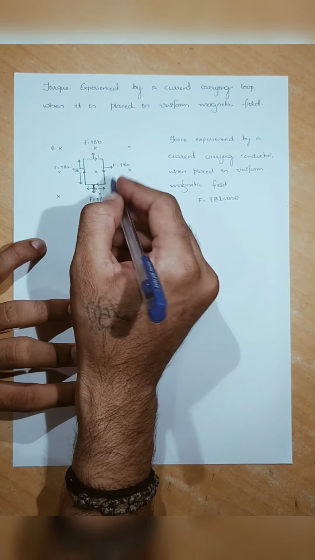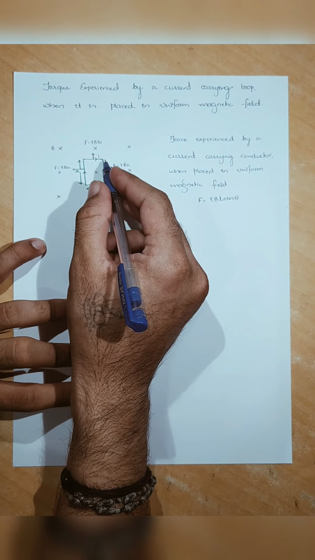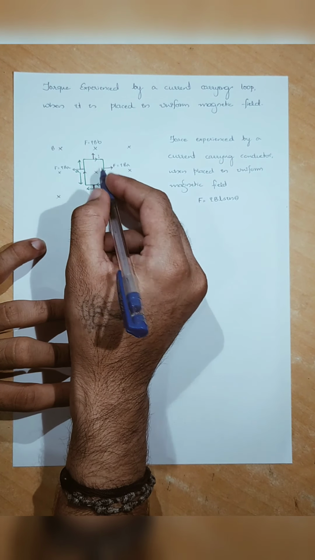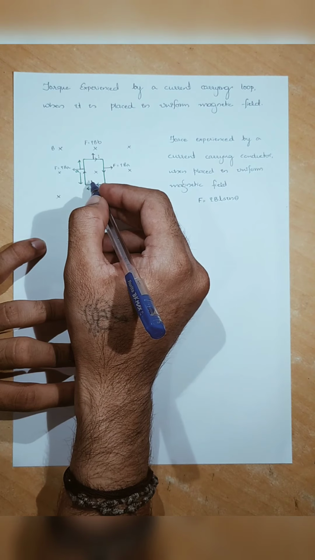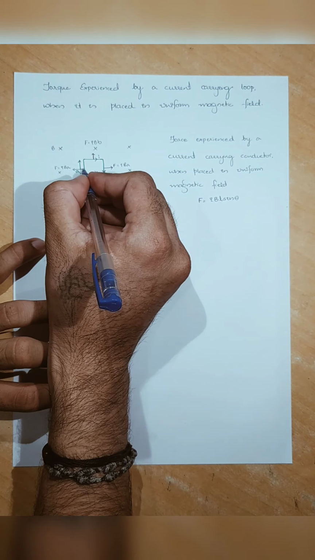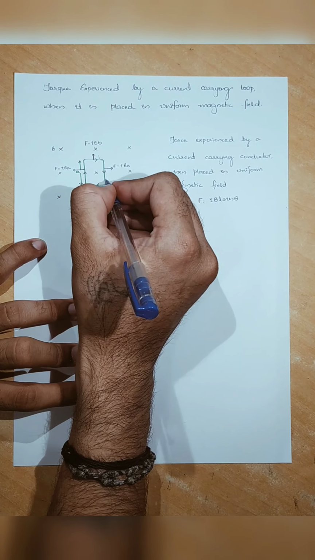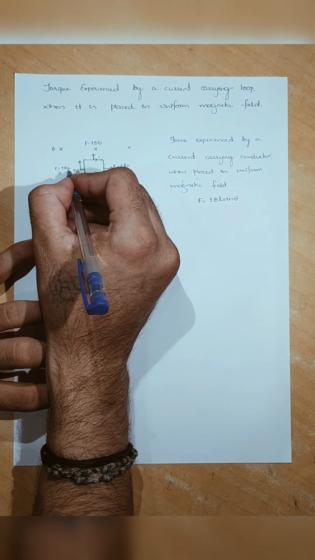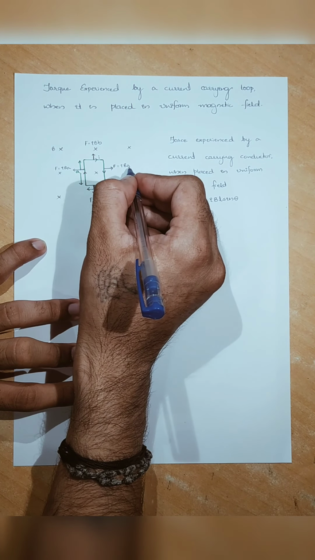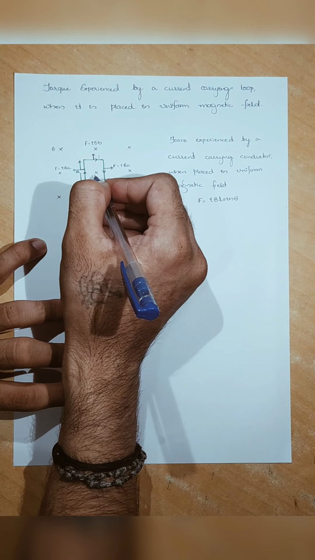So we got these many forces which are acting on this current carrying conductor, or it is a current carrying complete loop. And next we are going to discuss, if a force is experienced like this for this part, and one more force, somebody is stretching from this side. So here also IBA, here also IBA, same magnitude of force is applied and they are acting opposite to each other.